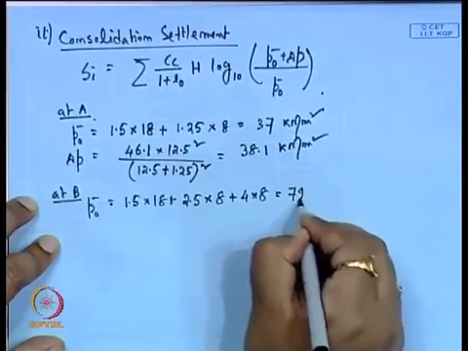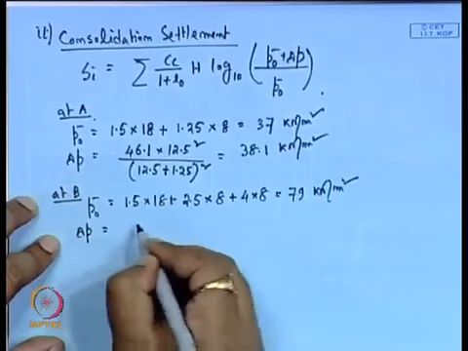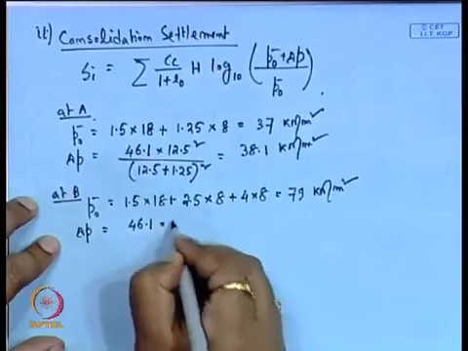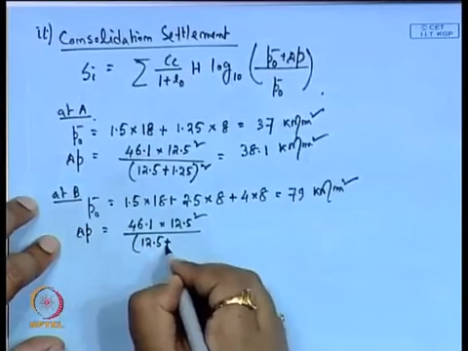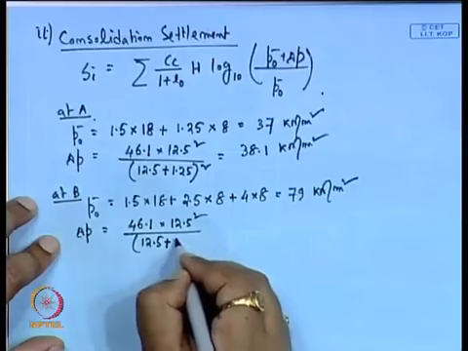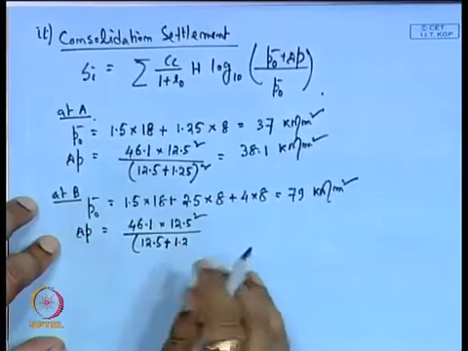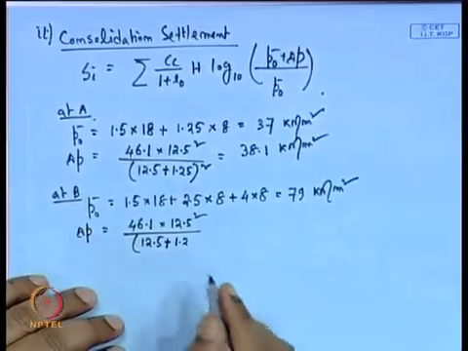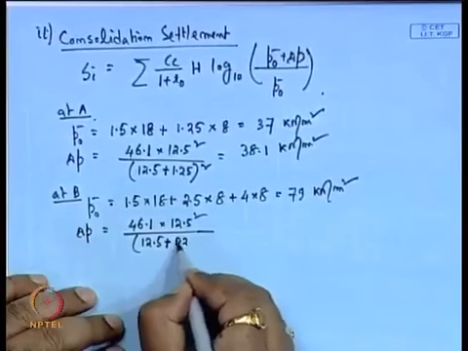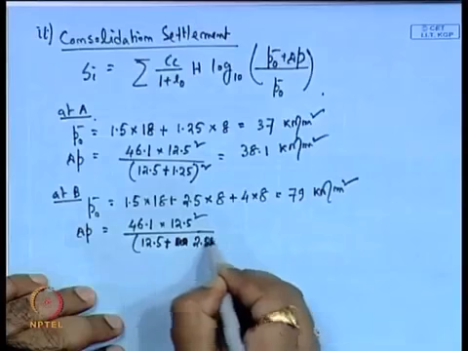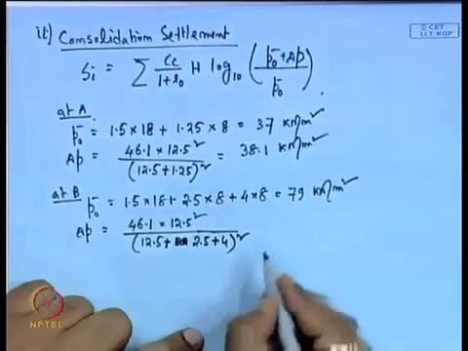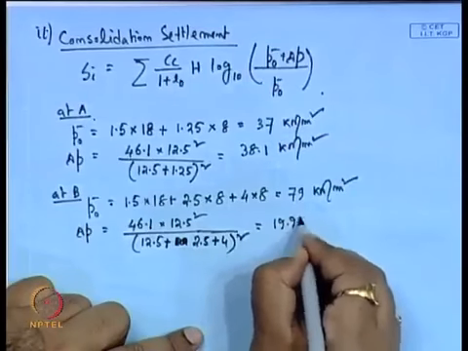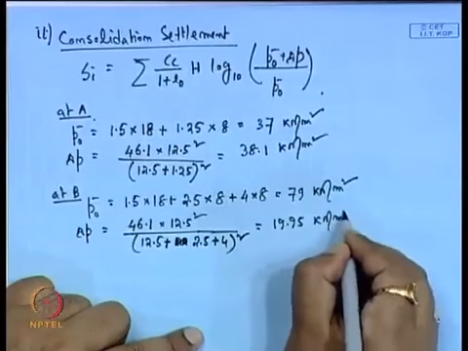So this is 79 kilonewton per meter square. Del P will be 46.1 into 12.5 whole square divided by 12.5 plus 4 meter plus 2.5 meters, that is 2.5, the thickness of the first layer, plus 4 meter, whole square. So this value is 19.95 kilonewton per meter square.